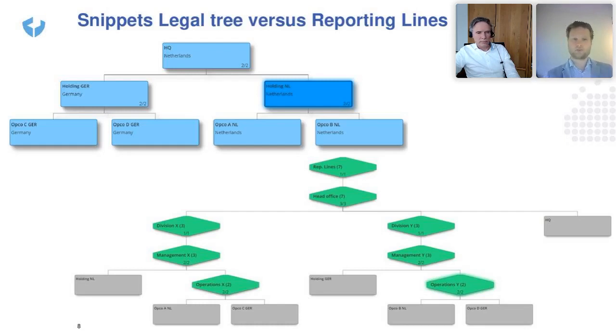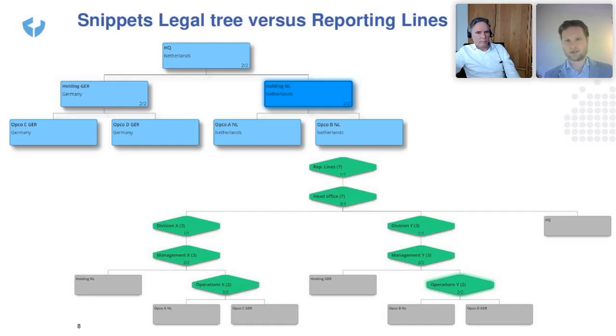And if we make the switch from what you need for compliance, maybe this legal structure, to reporting lines, that's the thing Richard already elaborated on: for management purposes, reporting lines can go across divisions and are not related to the legal relationship or the location in which the entity is active.